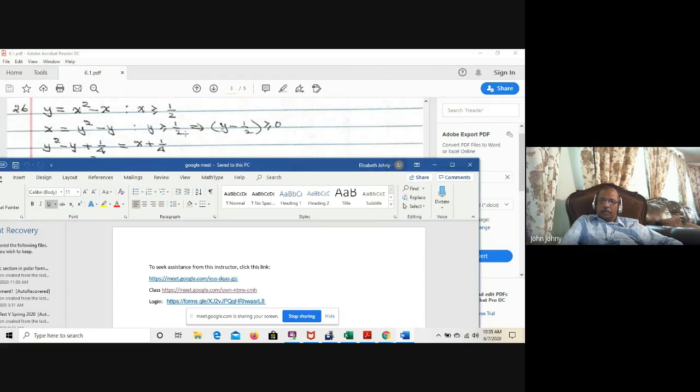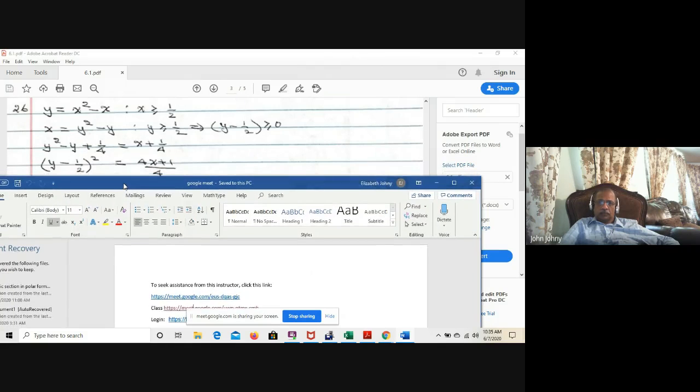That is y minus 1 half greater than or equal to 0. You complete the square here. In order to complete the square, you have to add the square of 1 half of the coefficient of y. So 1 half squared is 1/4. So y squared minus y plus 1/4 is equal to x plus 1/4.